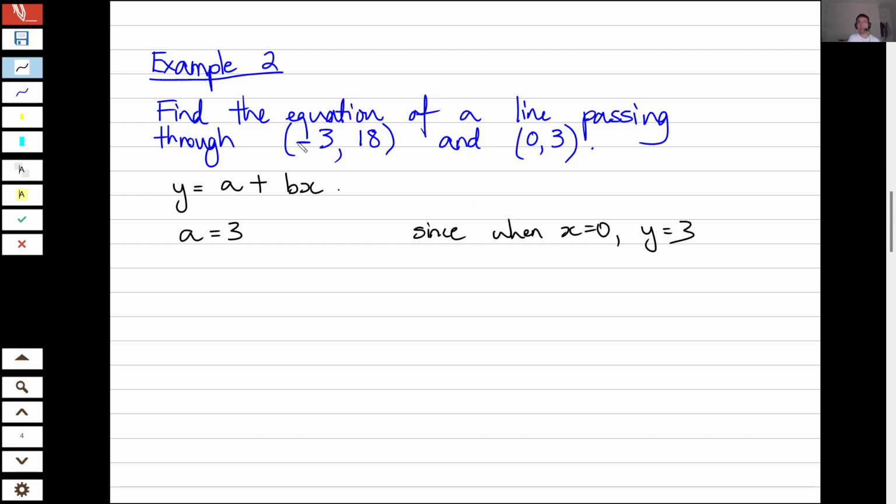My next step is to find the slope. So I'll label x1, y1, x2, y2, and the slope b is y2 minus y1 over x2 minus x1. Now we need to be careful with signs here. x2, 0, minus x1, and x1 is -3, so it's minus -3.